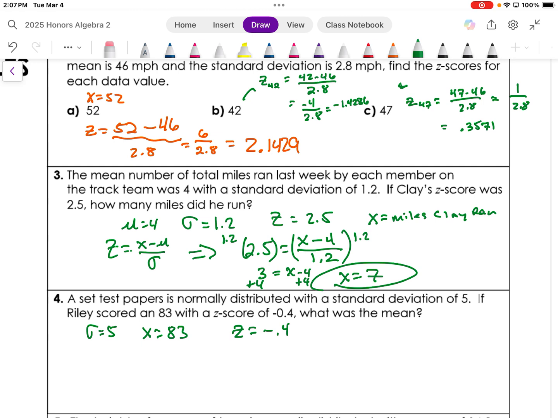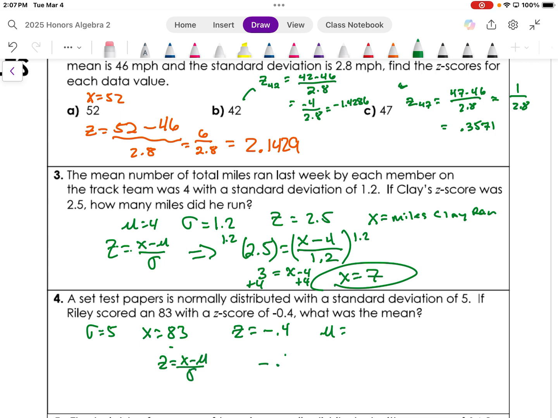It's below because the answer to that fraction was negative. So a negative z-score means 83 is smaller than the mean. So when I get my math done, I should be getting an answer bigger than 83. So again, z equals x minus mu over standard deviation.